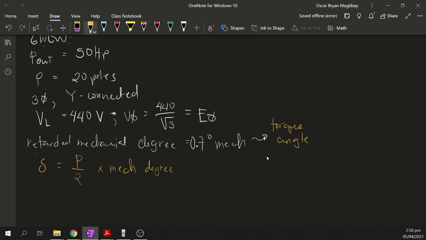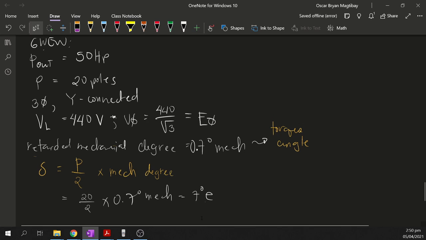Since it is in relation with the torque angle, yung retarded mechanical degrees, P over 2, the number of poles, is very important. So this is 20 over 2 times 0.7 degrees mechanical. So this is now equal to what? In our terms, this is 7 degrees electrical. So, gagamitin natin siya sa problem natin.